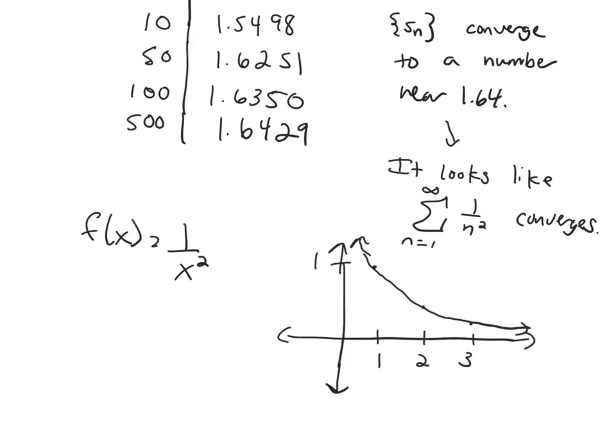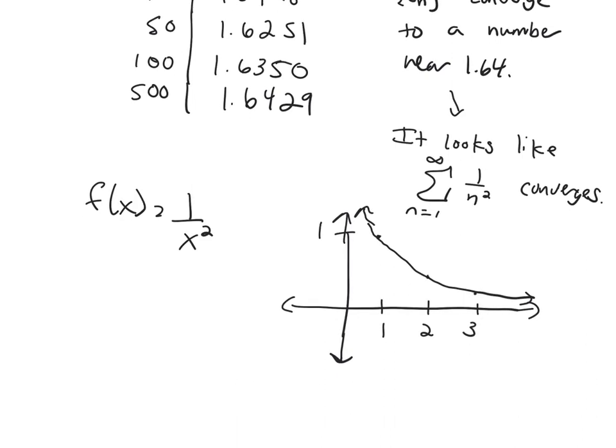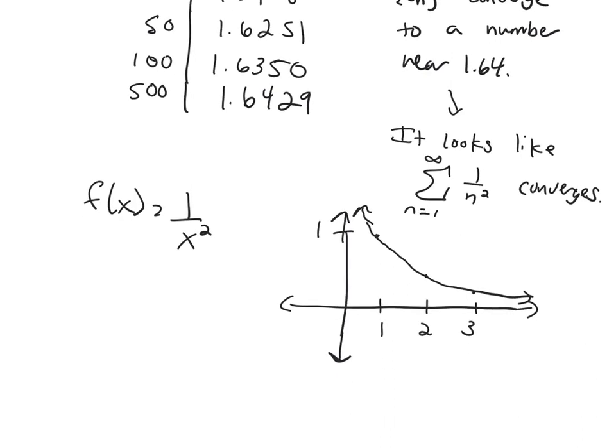So I have this curve, and then what I can do is take Riemann sums. I'm going to take right-hand Riemann sums here. So let me do that. Okay, and then if I'm doing a Riemann sum, I want to know the area of these.